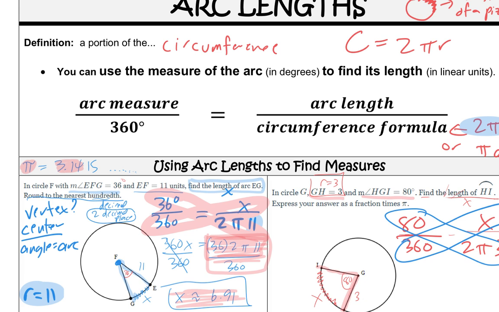So we're going to get 360x equals, now this time let's write everything down because they want us to answer as a fraction times pi. What that means is no decimal answers. They want the answer to have something with pi in it. So we can't just type this whole thing in. So let's just do this. We know this is 80 times all those. So just for a moment, let's write down the numbers.